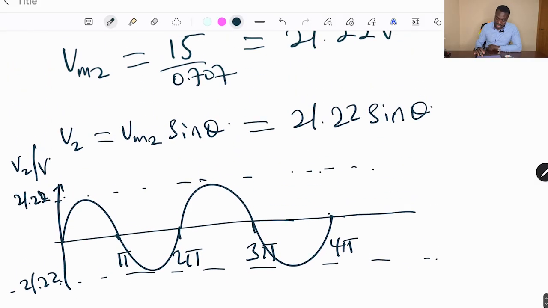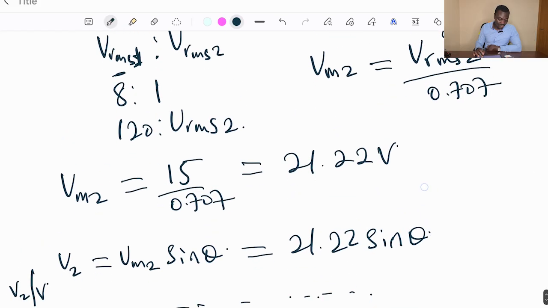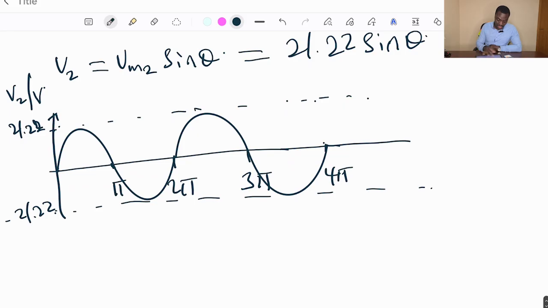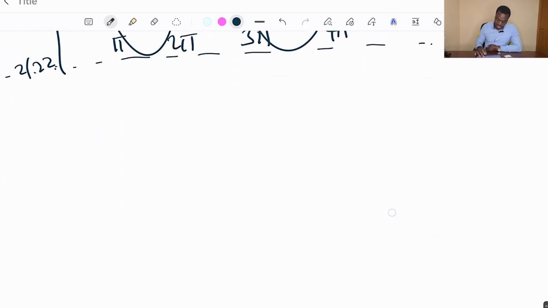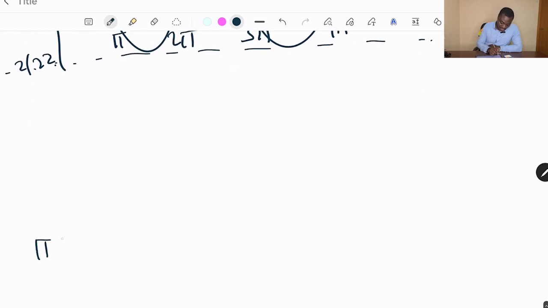Now, when it comes to calculating the peak load voltage, the first alternation is going to be from 0 to pi.